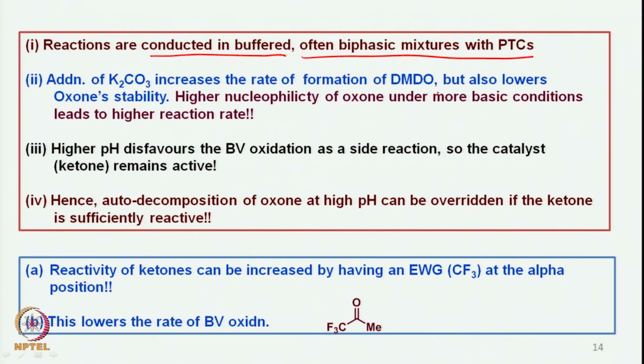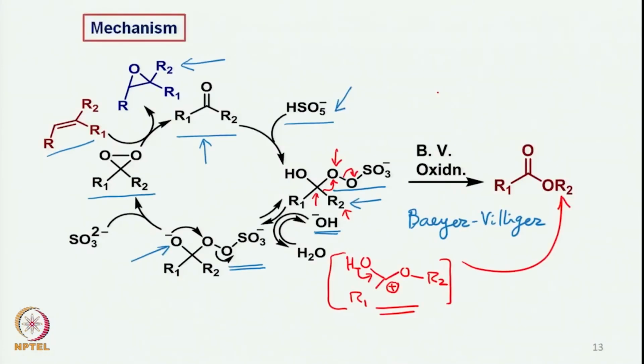It is found that oxone under basic conditions is somewhat less stable, but if we add potassium carbonate, as we did in the previous case, it allows the deprotonation of this hydrogen easily, and then this negative charge attacks this oxygen and forms the corresponding dioxirane.